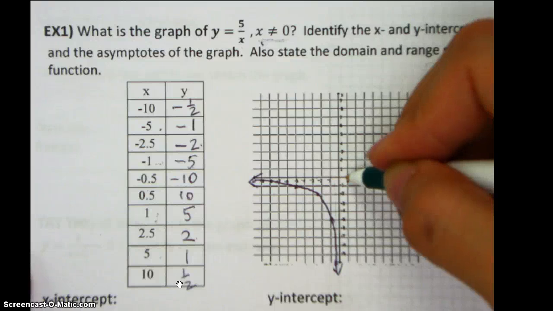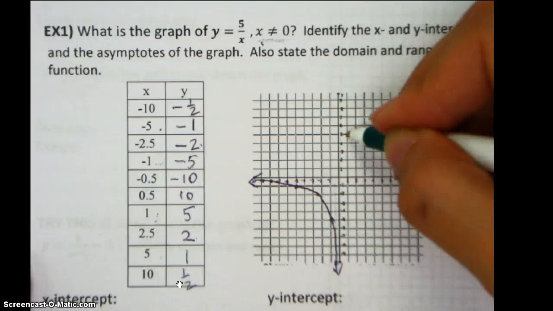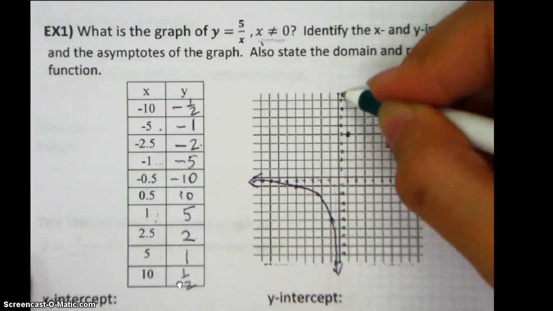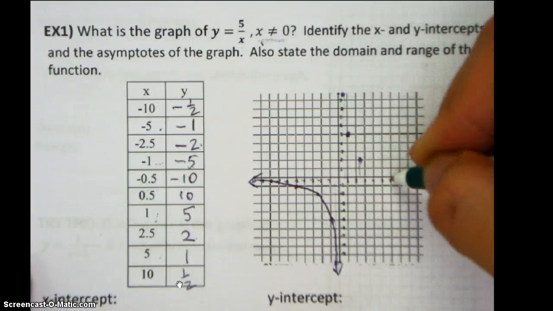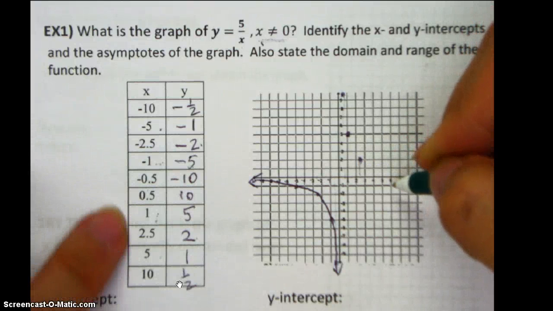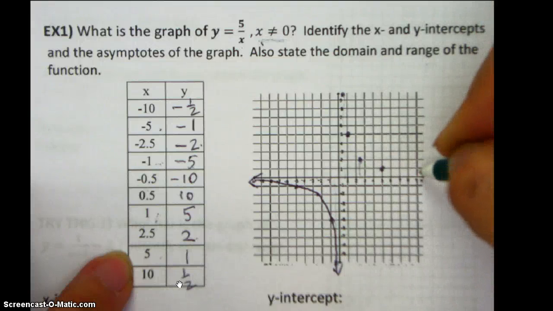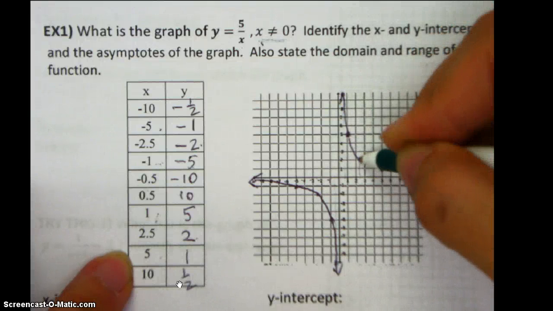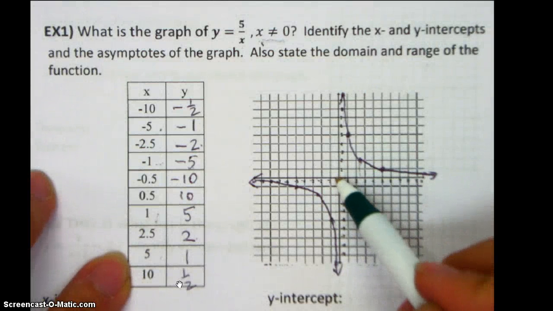And then you will do the same thing: 0.5, comma, 10; 1, comma, 5; 2.5, comma, 2; 5, comma, 1. So we'll have these symmetrical curves, two curves that are symmetrical across the origin.